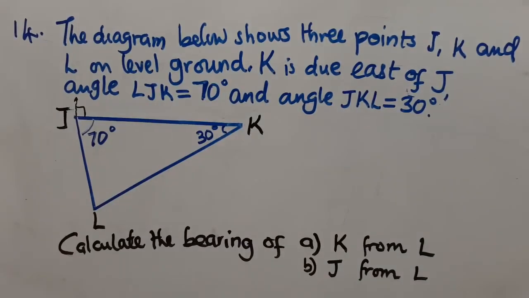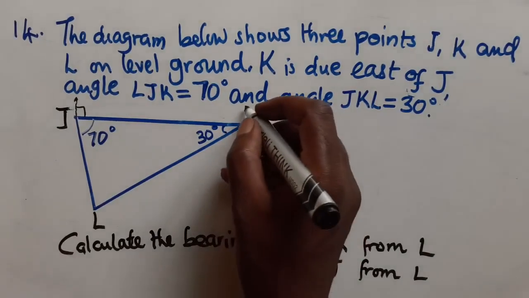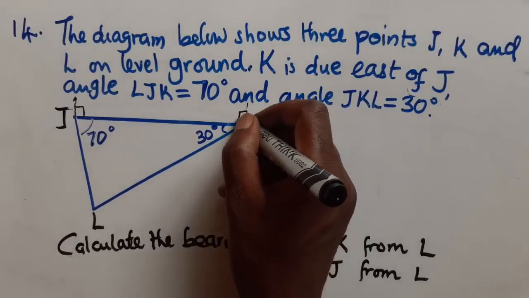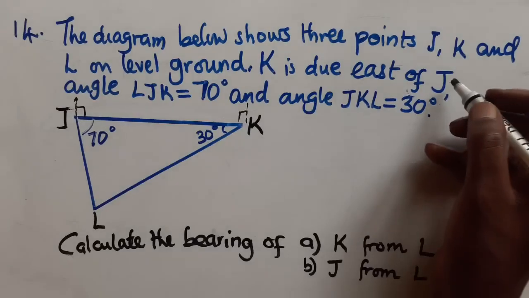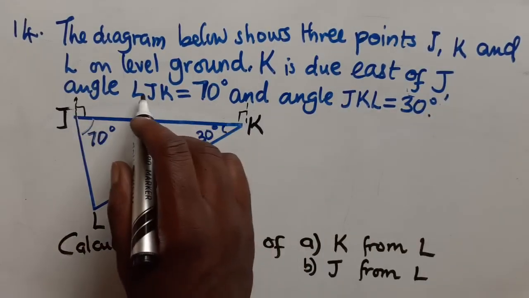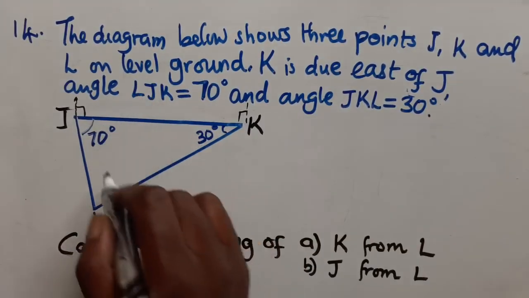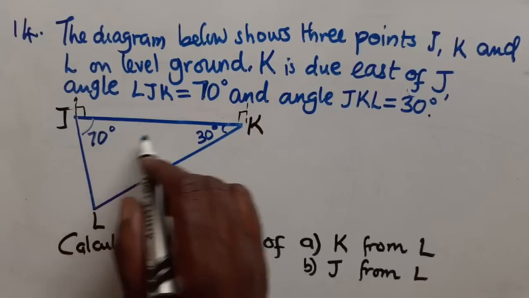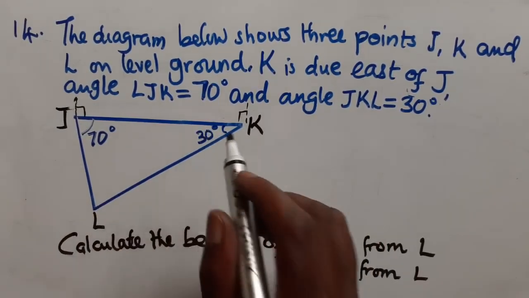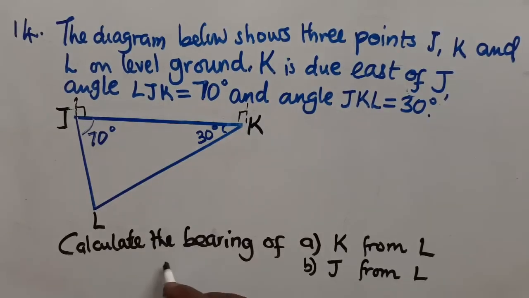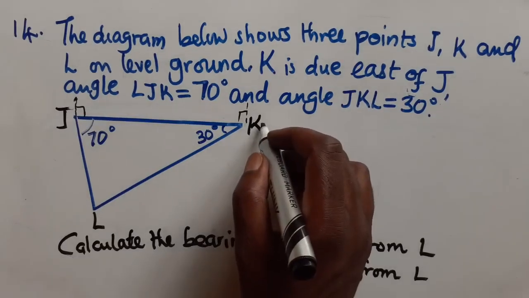Even this one here also, it's 90 degrees. And angle LJK is 70 and angle JKL is 30.